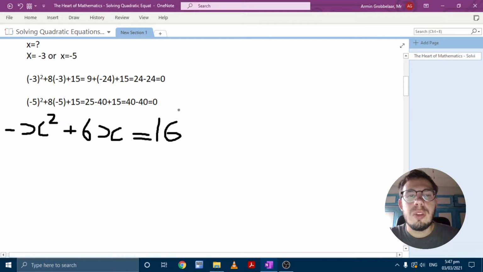So to get rid of this 16, I subtract 16 on the right hand side. But because I subtracted 16 on the right hand side, I also have to subtract 16 on the left hand side.